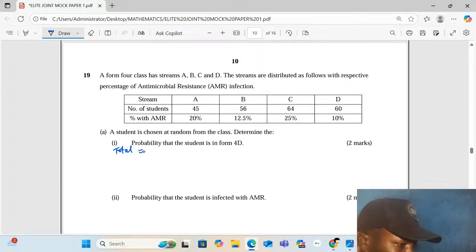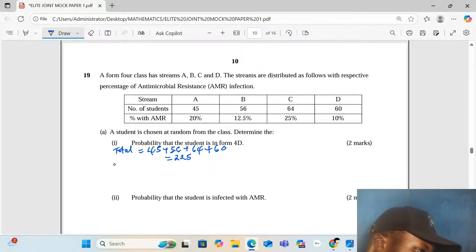So total we add the 45 plus the 56 plus 64 plus 60. So you get 225.